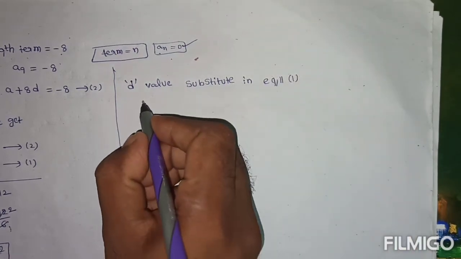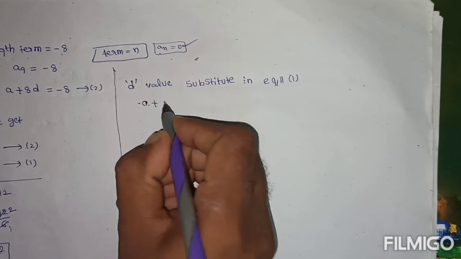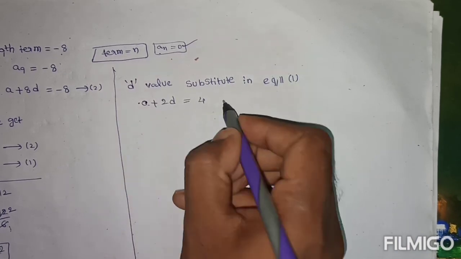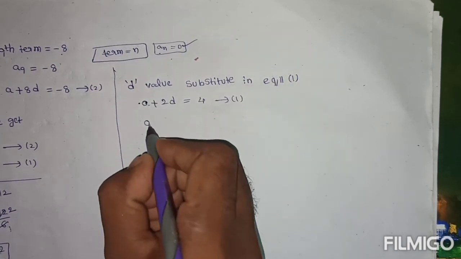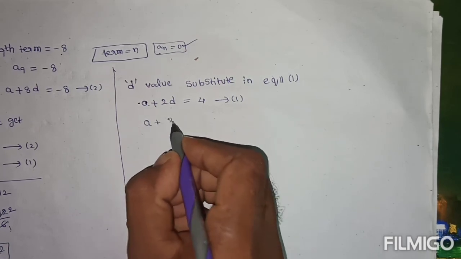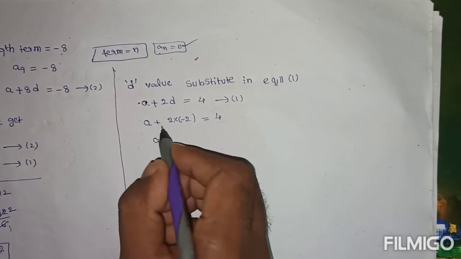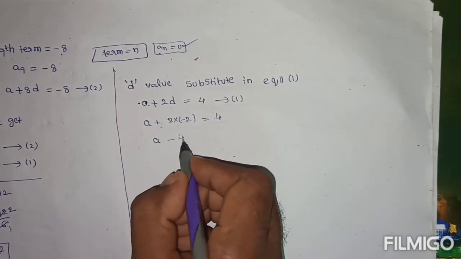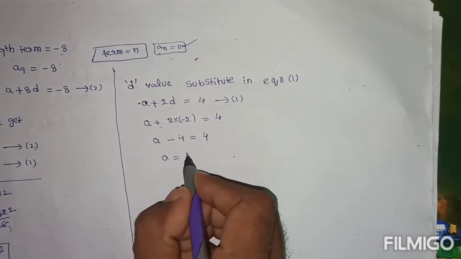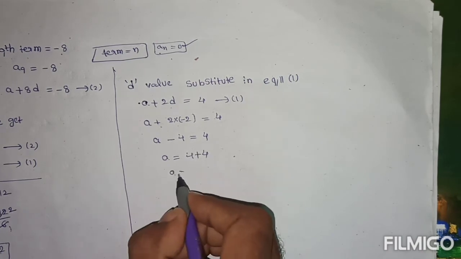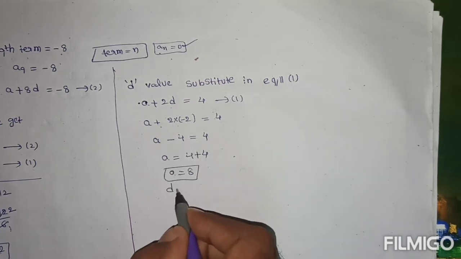Equation 1: a plus 2d is equal to 4. So a plus 2 into d, 2 into minus 2, is minus 4. A plus minus 4 equal to 4. A equal to 4 plus 4. So a value is 8 and d value is minus 2.